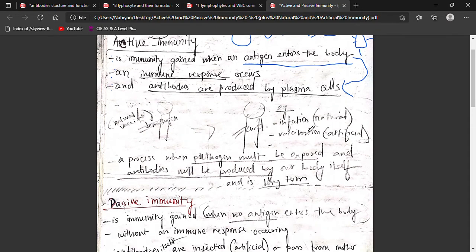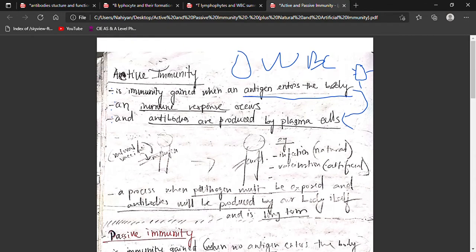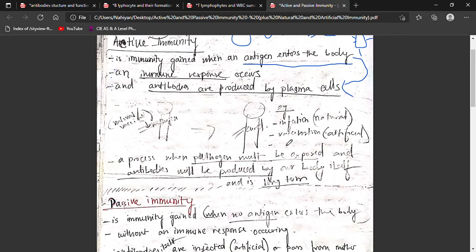This can happen in two ways. First of all, you can get the infection naturally. So you got a cut, and the pathogen might enter, and that's how you may be exposed. Another way of exposing your lymphocytes to the pathogen is by vaccination.